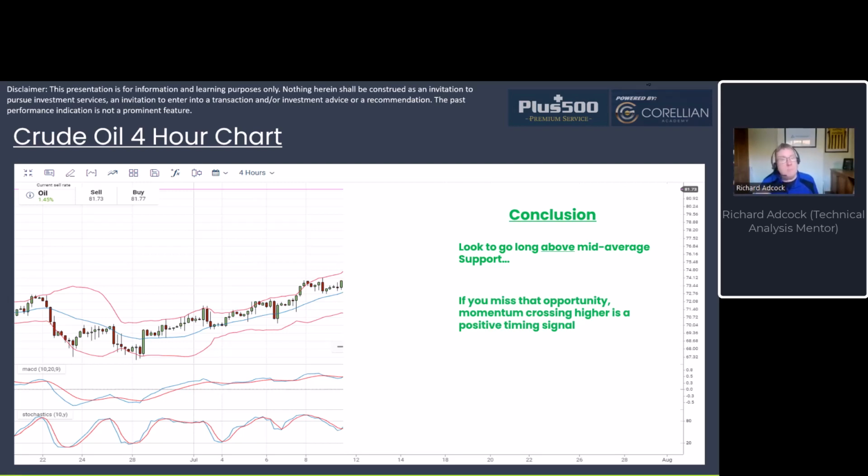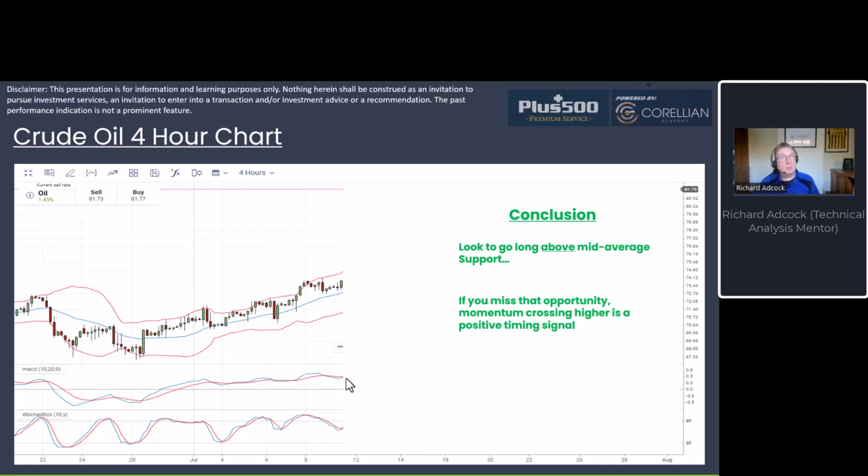Now, if you missed that opportunity, so the market didn't quite correct back to your buy level, we're again still using the indicators as a timing signal. And basically, as the market rallied from this mid-average, momentum, the slow stochastic, started to cross higher within a positive trend. The MACD was above zero.